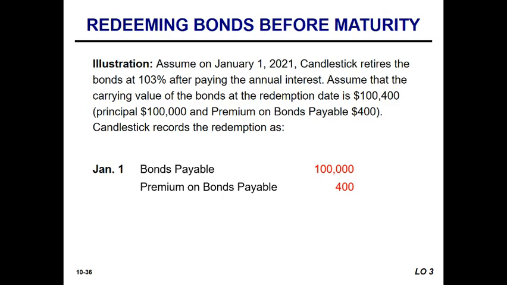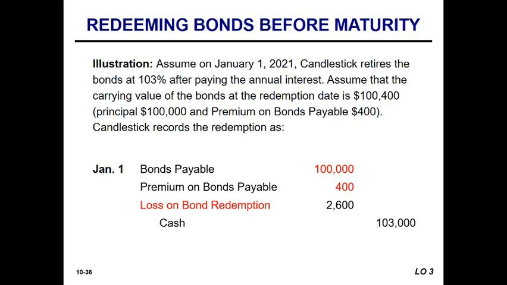Now we have a loss on the bond redemption of $2,600. That is because we are retiring the bonds at 103%. That means that we will pay out 103% to each bondholder. We are paying out cash of $103,000.